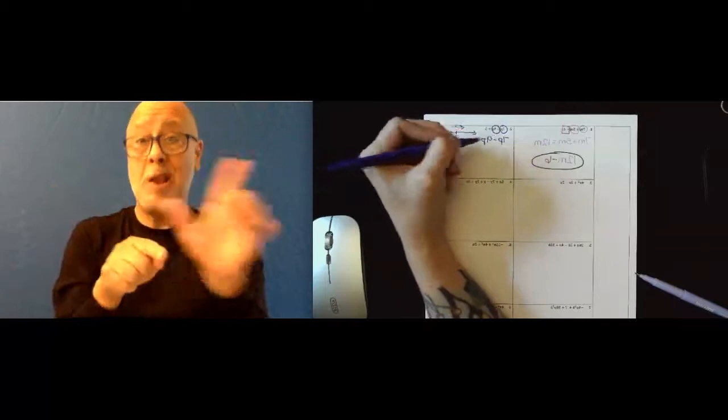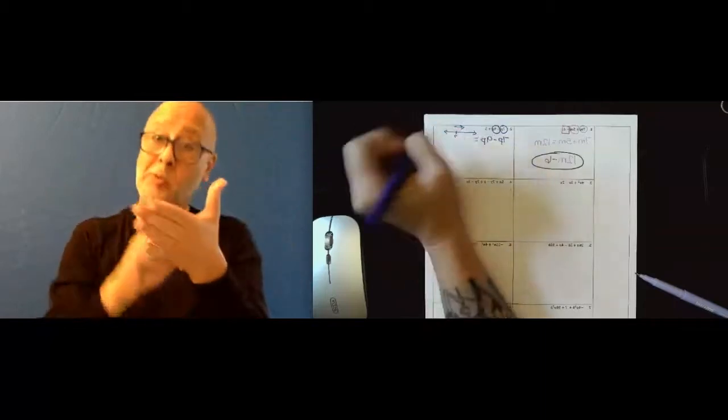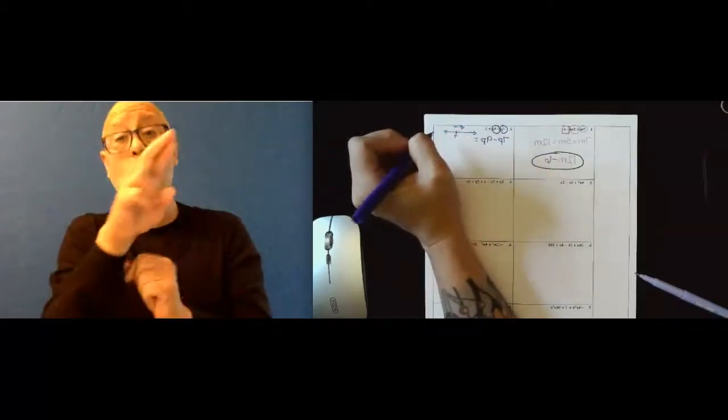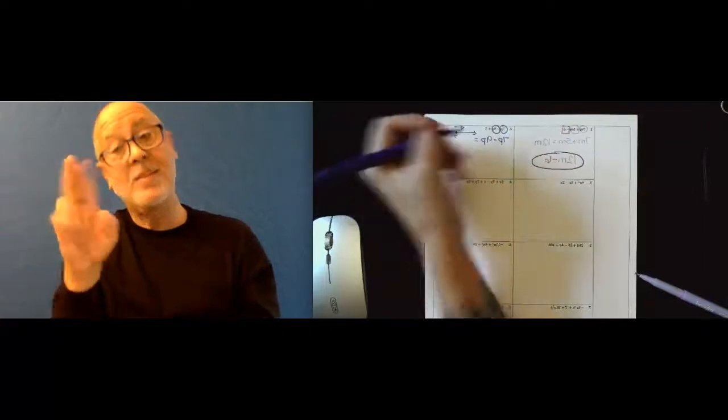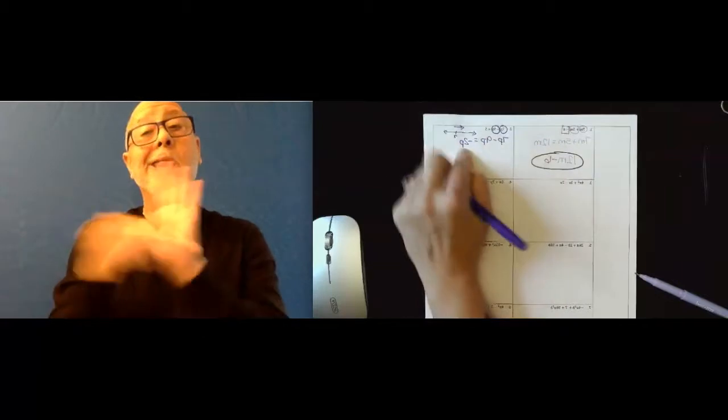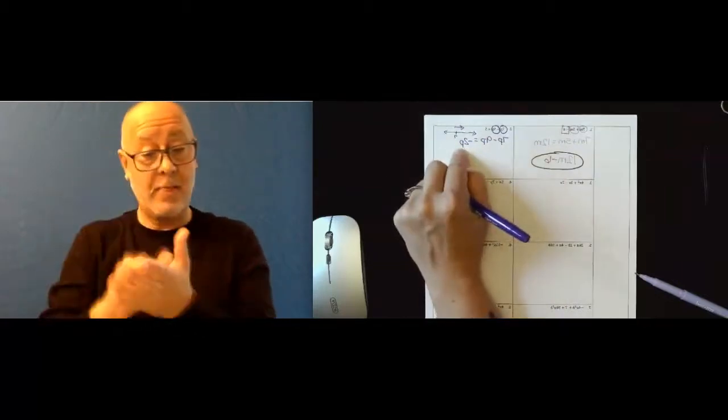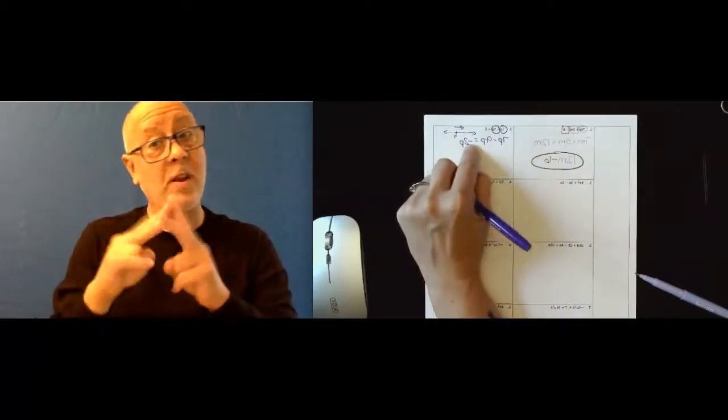Remember, we subtract going to the left, we add going to the right. So 7p minus 9p gives me a negative 2. Don't forget that variable. That's super important.